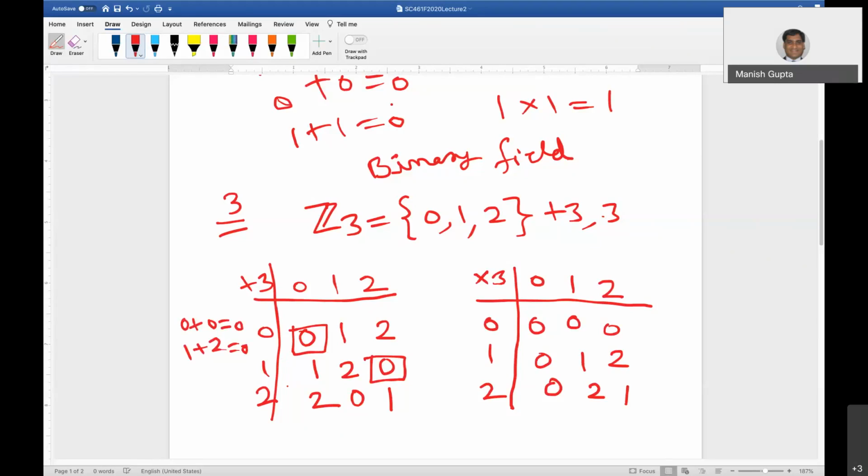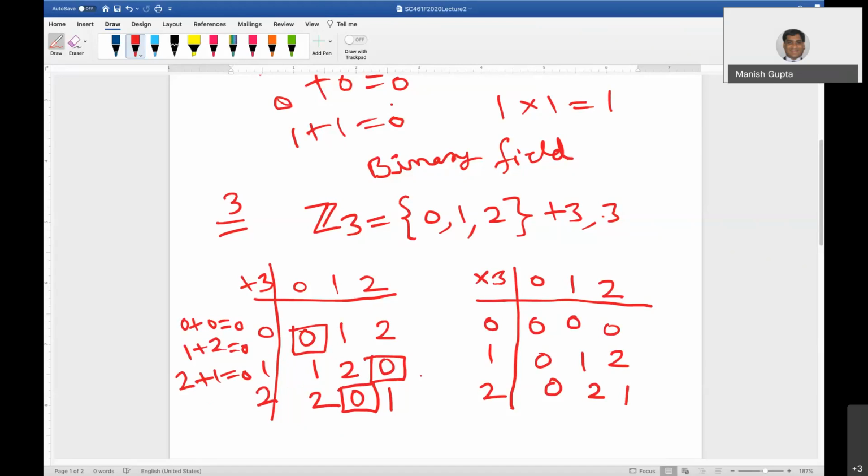So 2 and 1 are inverses of each other. And if I look at the third 0, that means the same thing as 2 plus 1 is equal to 0, right? So 1 and 2 are inverses of each other with respect to addition, and 0 is self-inverting. So every element in Z3 has its additive inverse.